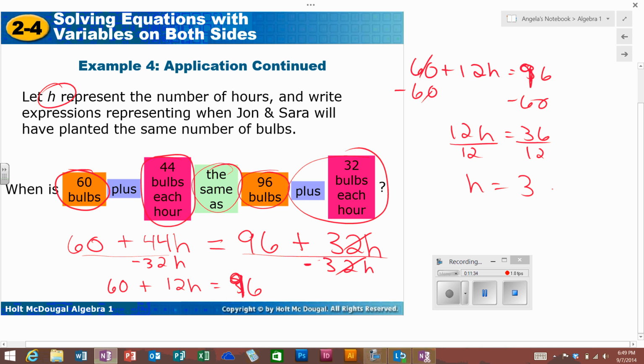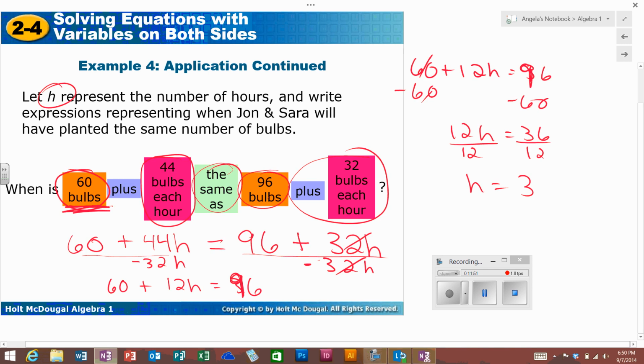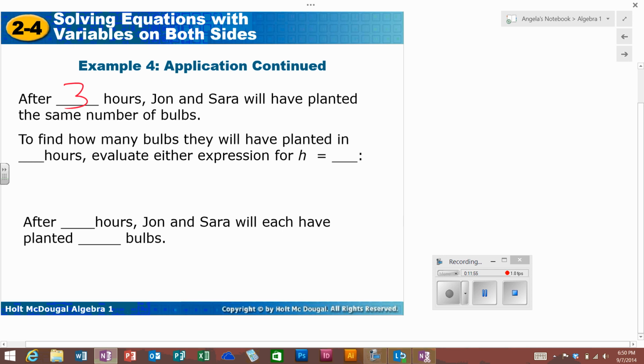Okay, what does this mean? Let's explain. After 3 hours, we just solved, after 3 hours, John and Sarah will have planted the same number of bulbs. Okay? We know that at the start, John had already done 60 and Sarah had already done 96. So we want to know how many total has each one planted. To find out how many bulbs they'll have planted in those 3 hours, we're going to plug 3 into the expression.